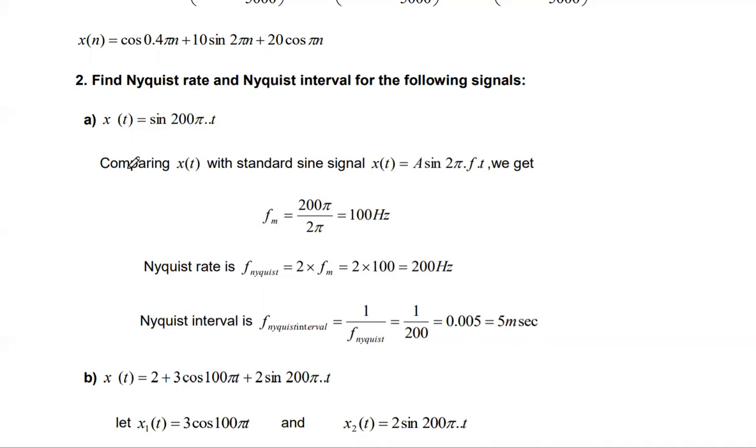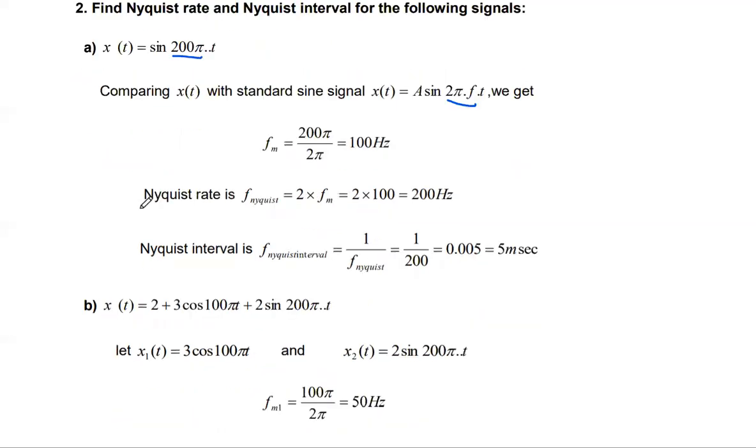You know the procedure: comparing the given equation with the standard sinusoidal expression A sin 2 pi f t, we get f, and that f is nothing but Fm. So 2 pi f is equal to 200 pi, so f is equal to 200 pi divided by 2 pi, which is 100 hertz.